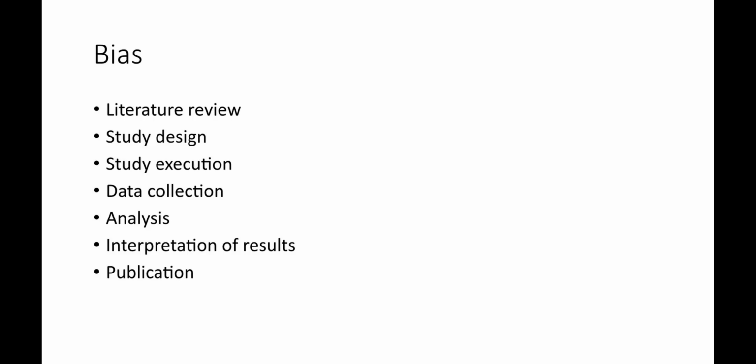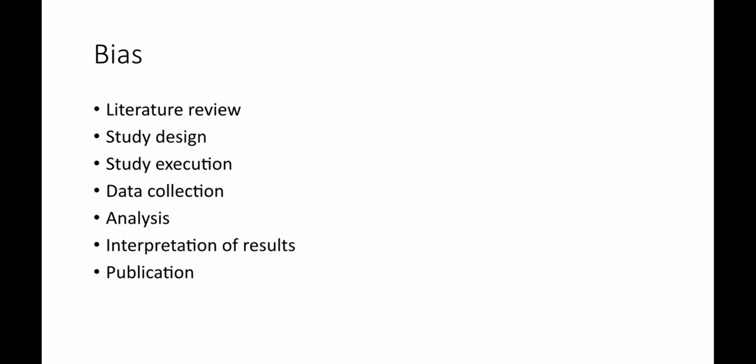The study designs may be a source of bias, looking only at observational studies or only at trials, may introduce a bias. How studies are executed, were they implemented properly, were people randomized to the groups, were the quality assured, how was data collected, how was data analyzed, interpretation of the results, and the publication bias.